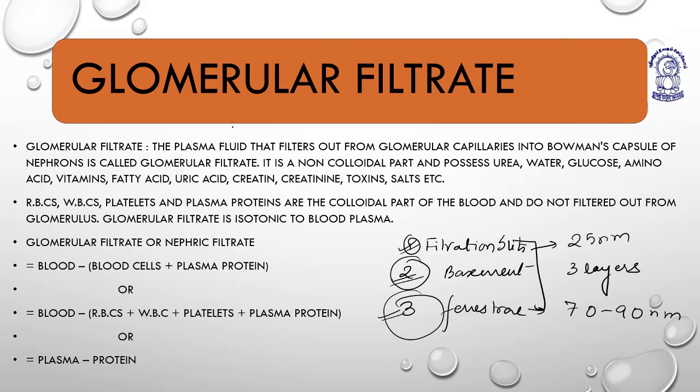The plasma fluid that filters out from the glomerular capillaries into the Bowman's capsule of nephrons is called glomerular filtrate. It is a non-colloidal part. It possesses urea, water, glucose, amino acids, vitamins, fatty acids, uric acid, creatine, creatinine, toxins, salts, etc.